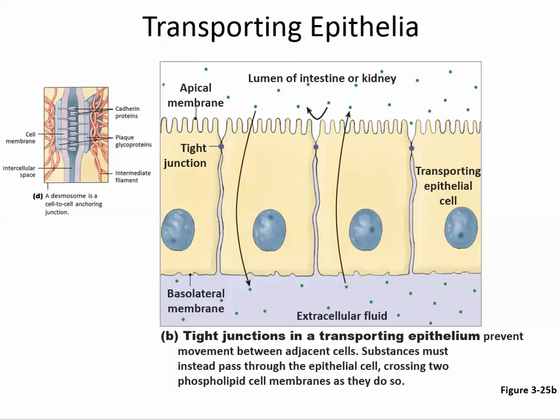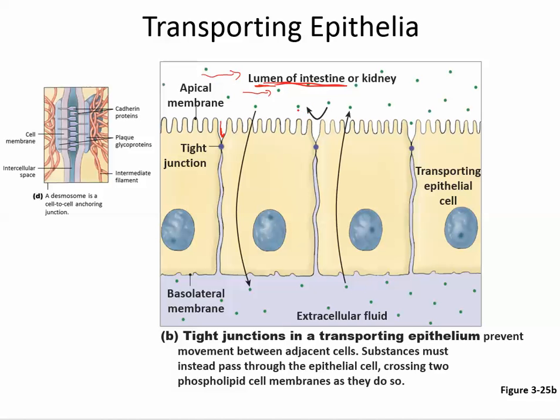Okay, so we can see more examples of this. Here's a tight junction. This is not allowing communication, and it is saying nope, nothing is getting through. So this is an example. Lumen of the intestine. The lumen is just the space of something that's hollow, like the intestine. So this is where your food is moving through, and you're trying to absorb it.